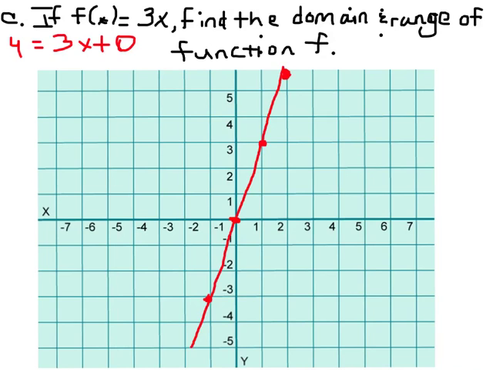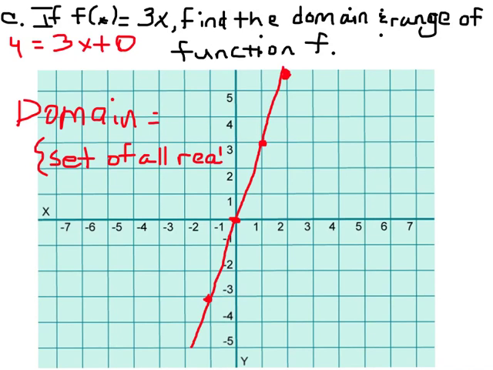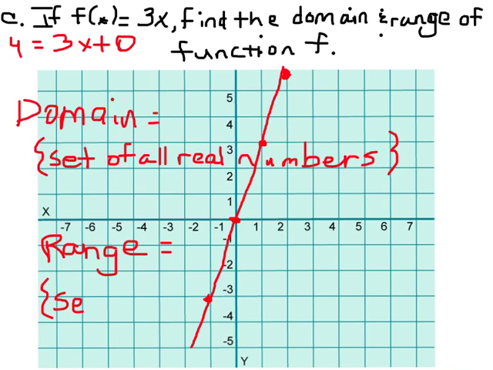So basically, we're going to say that the domain equals the set of all real numbers and the range also is going to equal the set of all real numbers.